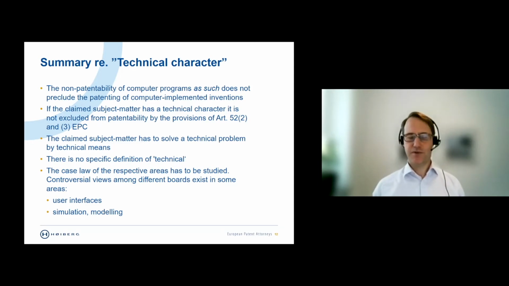There's some case law involved in that one as well. But they are accepted at the moment in Europe, that you can do some simulation. For example, if you have an electrical circuit and you simulate the behavior in it, that seems possible to patent, although it's in principle just a mental act to some extent.